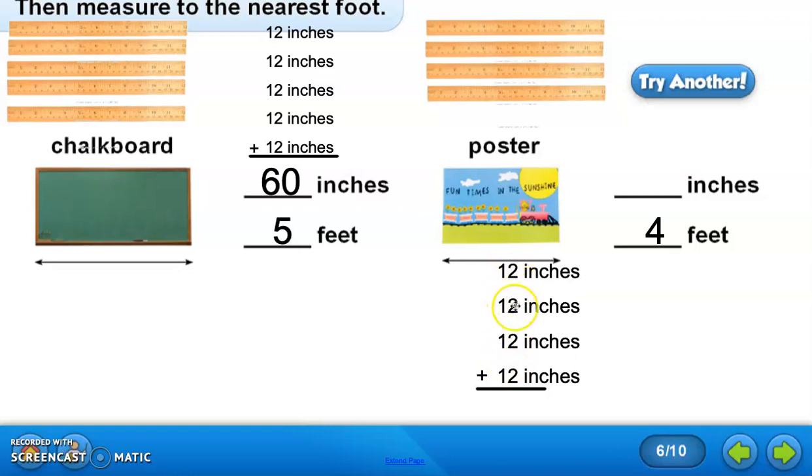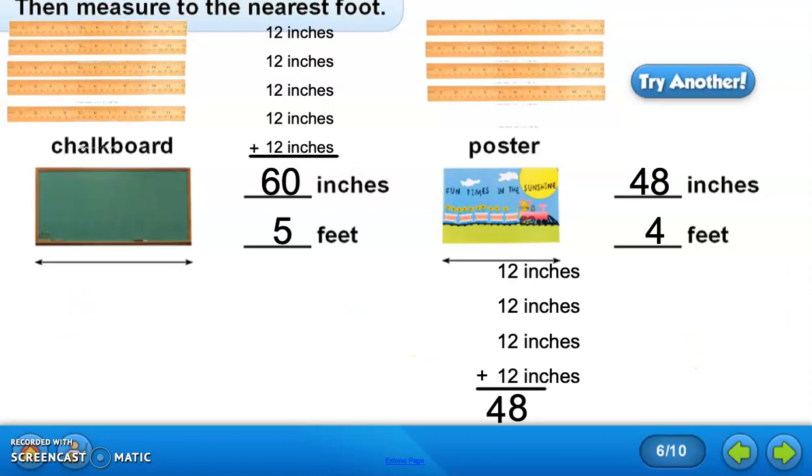So 2 plus 2 is 4, 4 plus 2 is 6, 6 plus 2 is 8, and then I have 1 plus 1 is 2, 2 plus 1 is 3, 3 plus 1 is 4. So I know that my poster is 48 inches long.